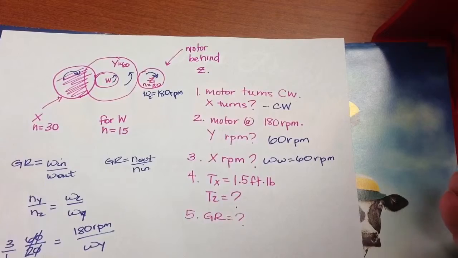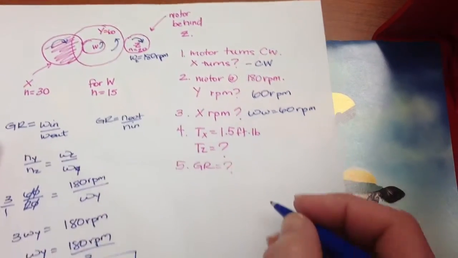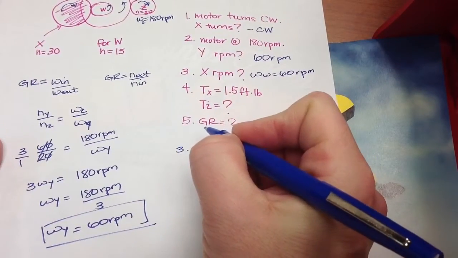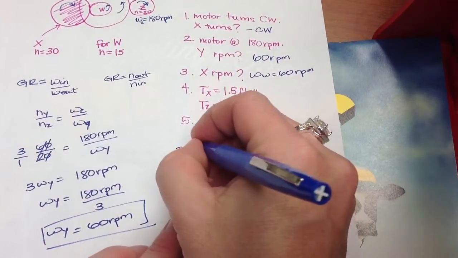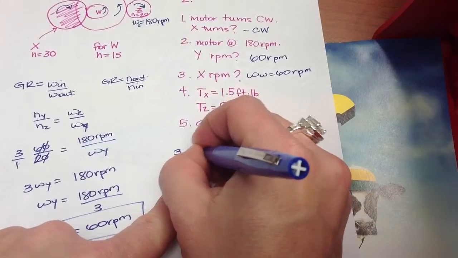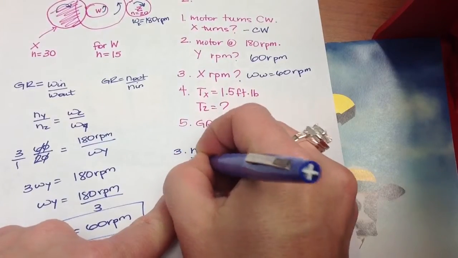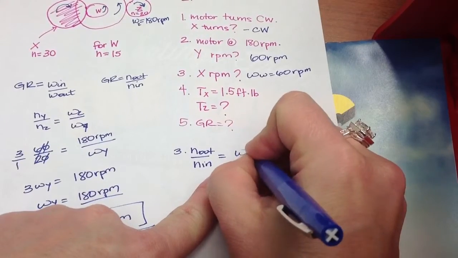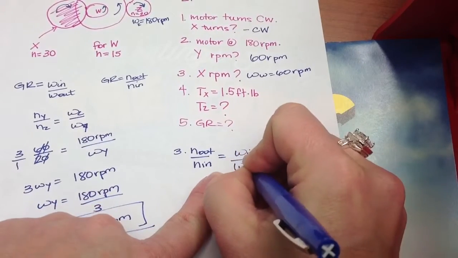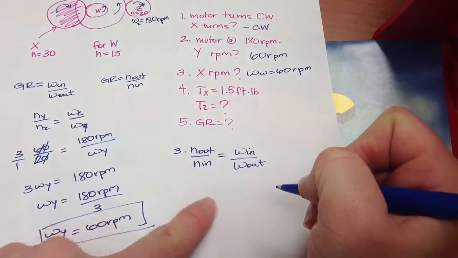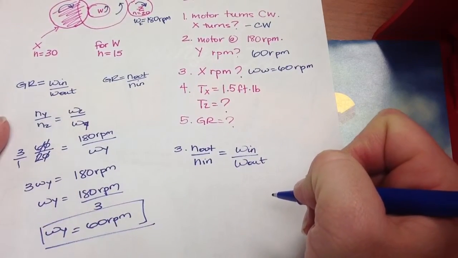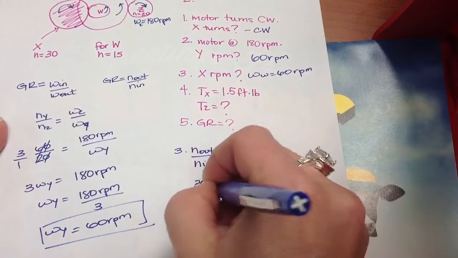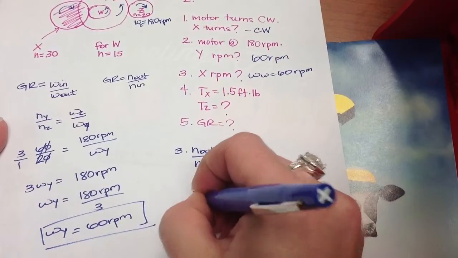All right, now the gear ratio between those two. N out over N in is equal to WN over W out. So N out is 30 and N in is 15.